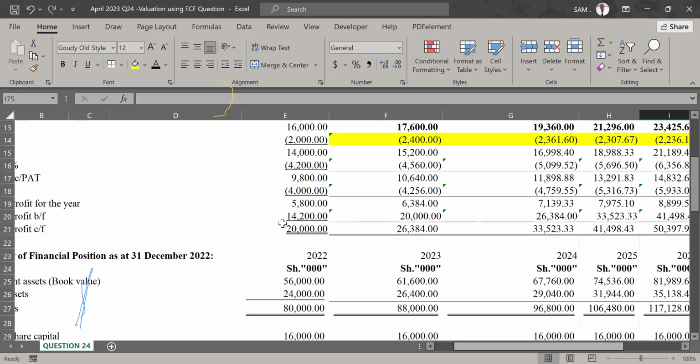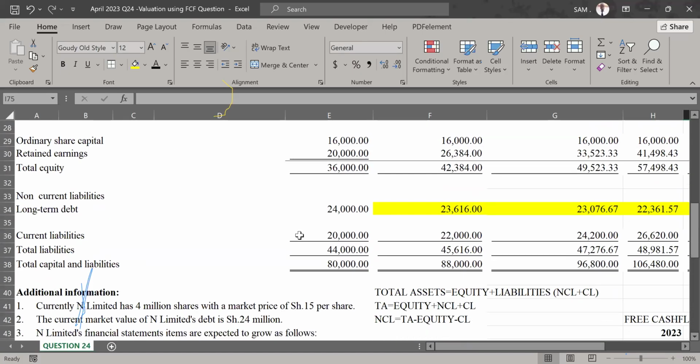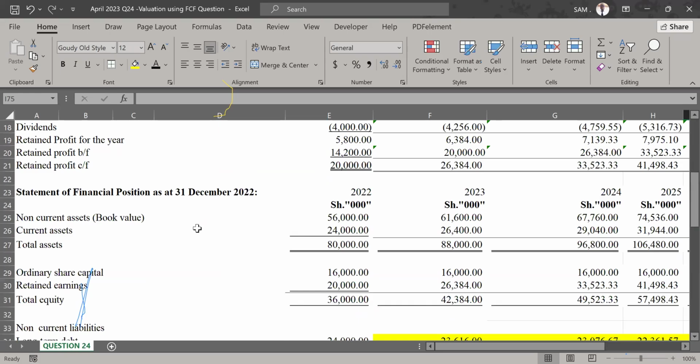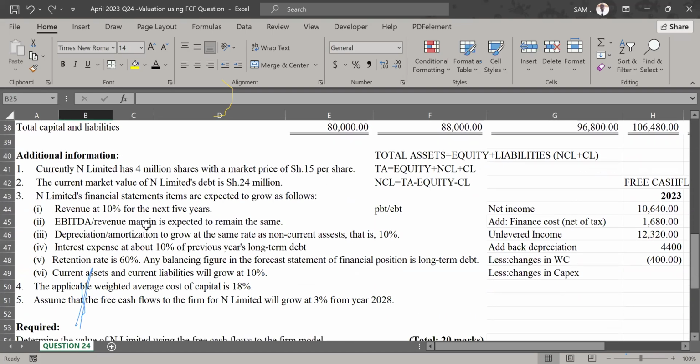In 2022, net book value, because this is the statement of profit or loss, we know very well that statement of financial position figures are brought at net book value. Did we have any accumulated depreciations here? The assumption is yes for my attempts.